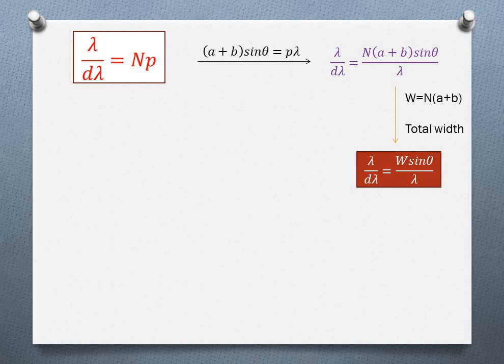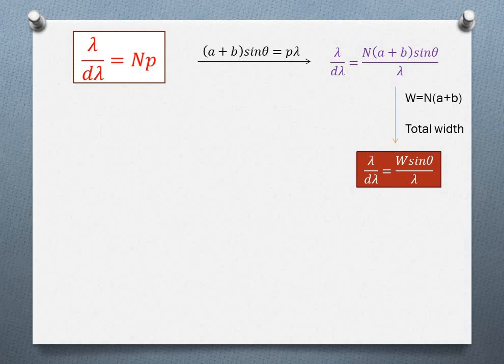So if you discard the order number, and you want to know the resolving power as a function of lambda, then for a particular lambda, the resolving power is proportional to the width.